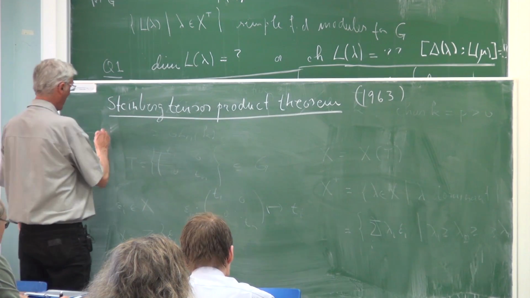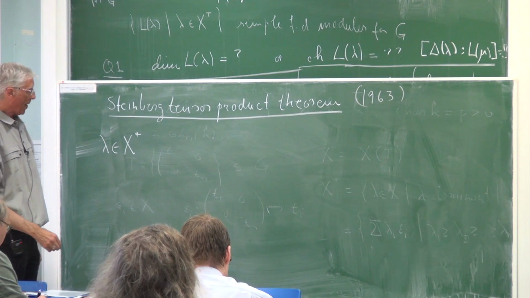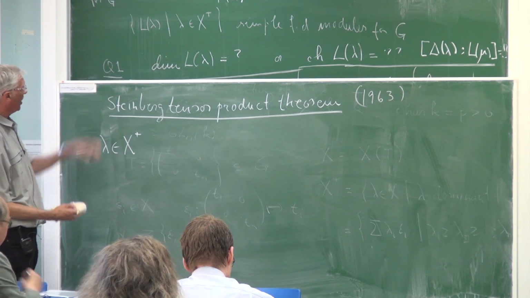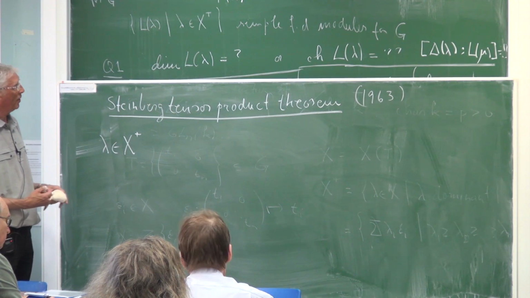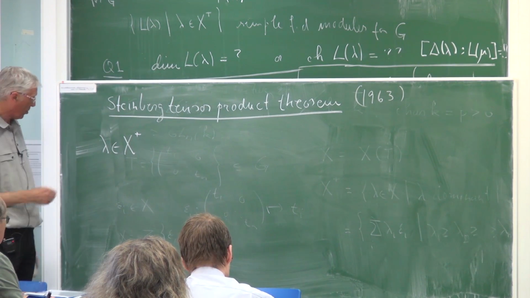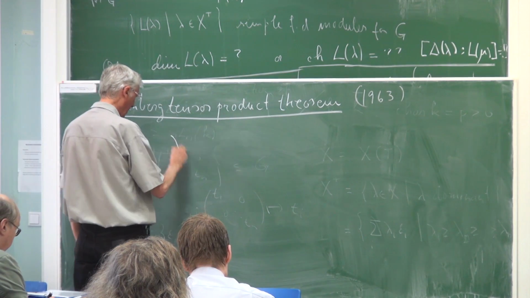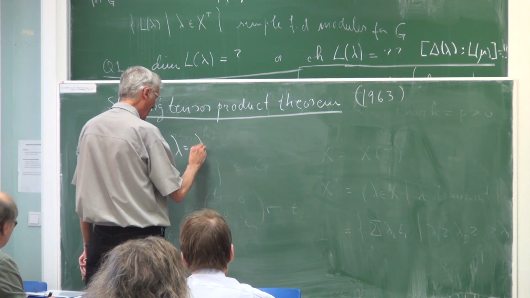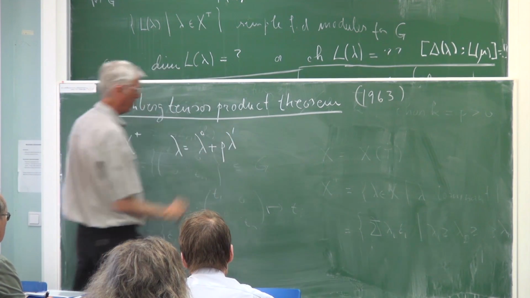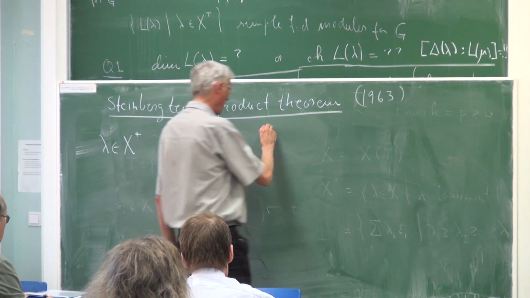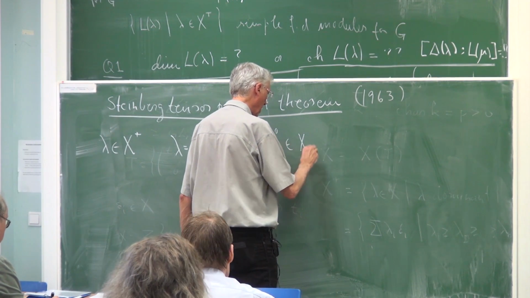It says that if I take my lambda in X plus, I can cut the work of finding the dimension of L lambda into smaller parts. I can take my lambda and write it as lambda naught plus p lambda 1, where lambda naught belongs to X1.